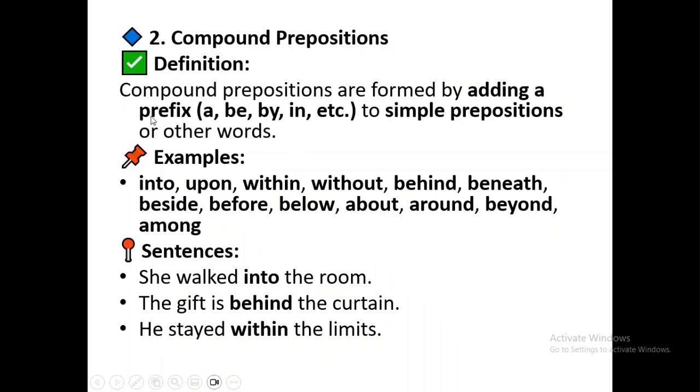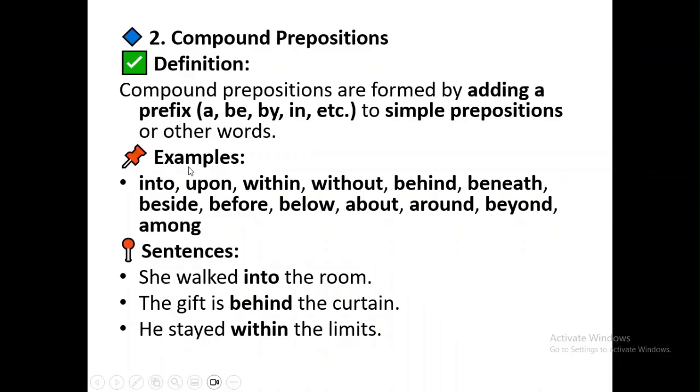Prefix means the word or letter which is added in the beginning, prefixes like a, be, by, in, etc., to simple prepositions. Compound prepositions are formed just by adding prefixes to simple prepositions.